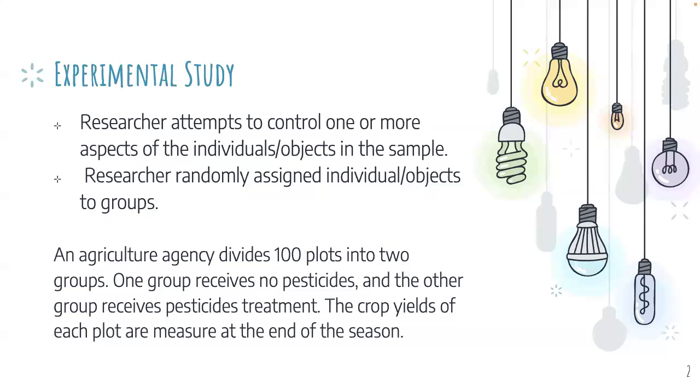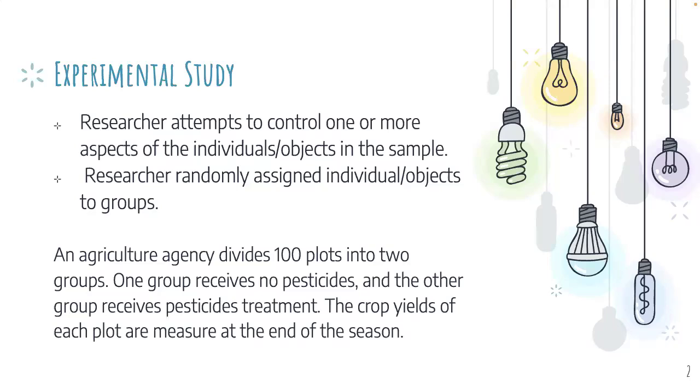For example, we have an agriculture agency that divides 100 plots into two different groups. One group is going to receive no pesticides, and the other group receives the pesticides treatment. The crop yields of each plot are measured at the end of the season. So in this experiment, we have two groups.